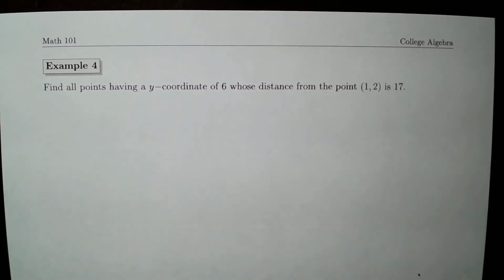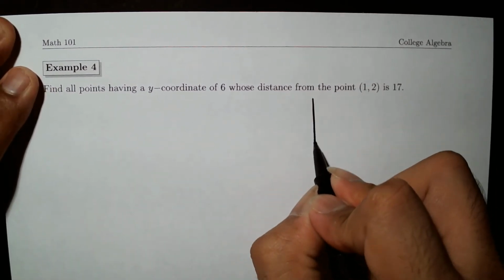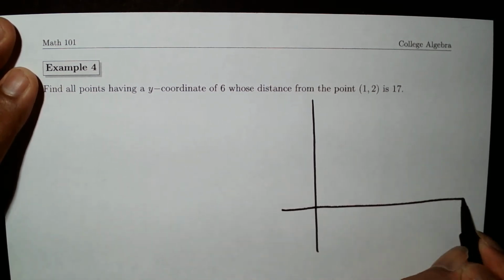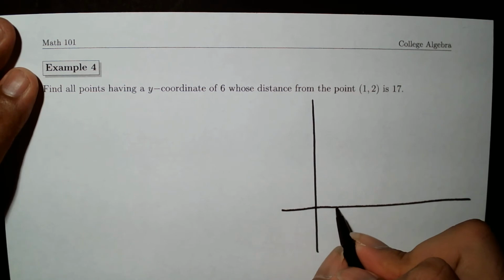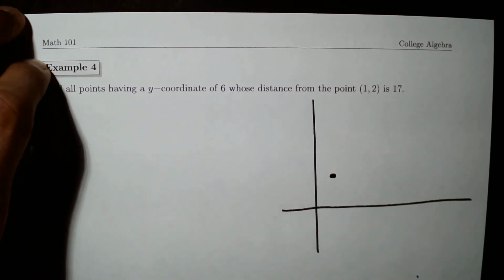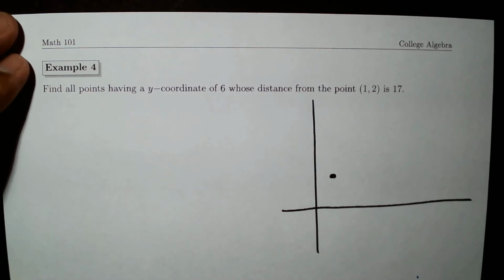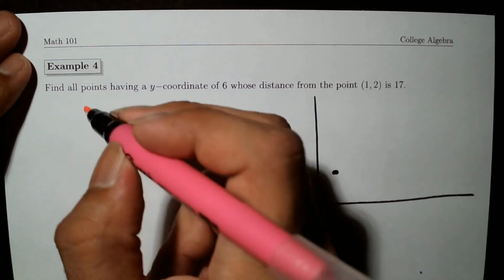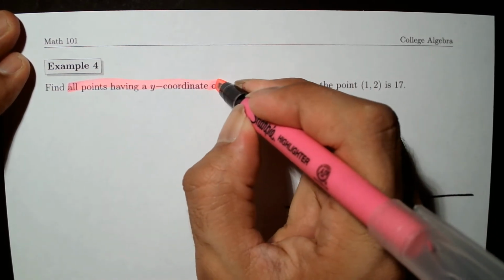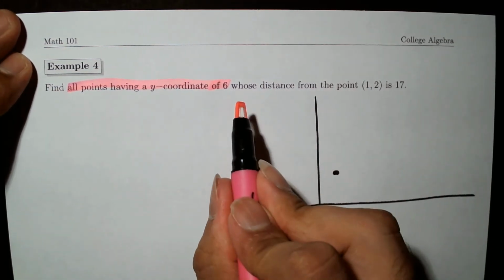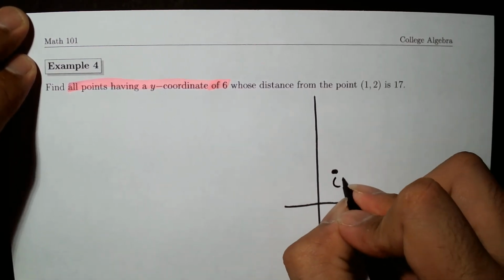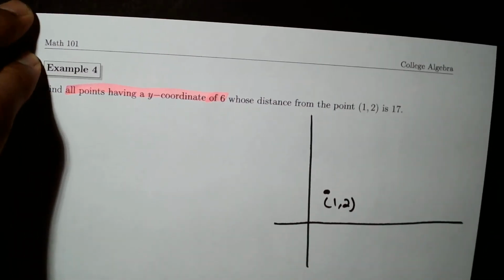Alright, so let me draw a Cartesian plane. And I'm going to locate the point (1, 2), which is going to be roughly here. Okay, so the key part here is this: all points having a y coordinate of 6, whose distance from that given point (1, 2) is 17.